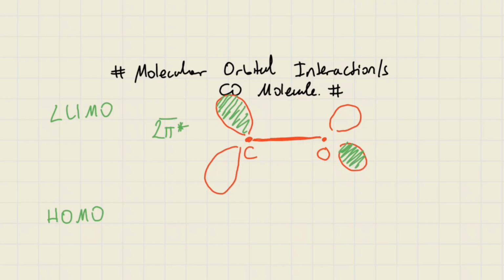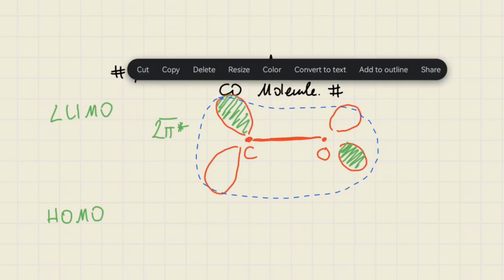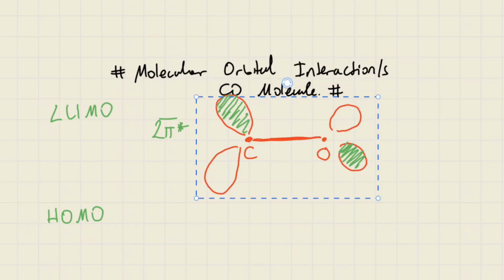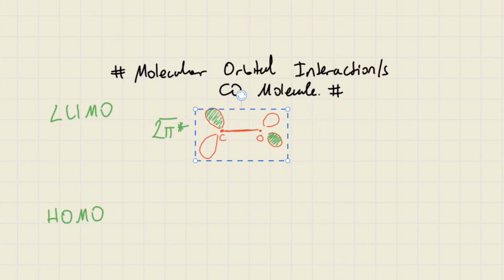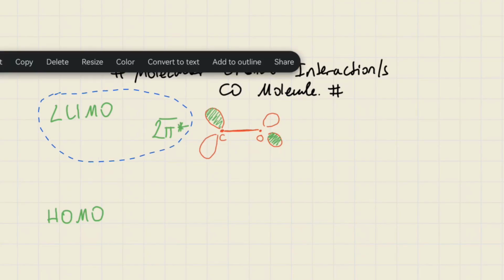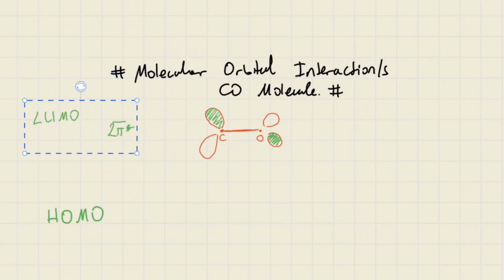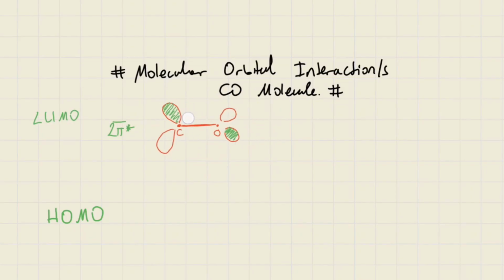So this is the pi star orbital of the CO, and maybe I should make it a little bit smaller. Okay, this is the pi star orbital. You can also draw it, it is important.